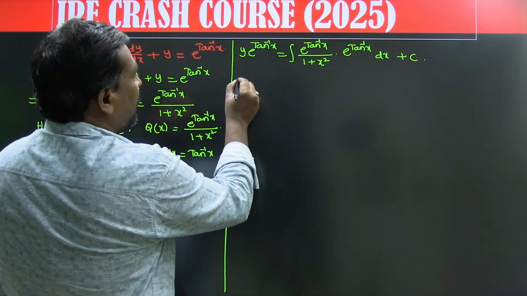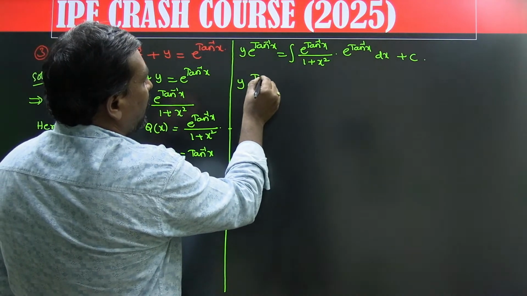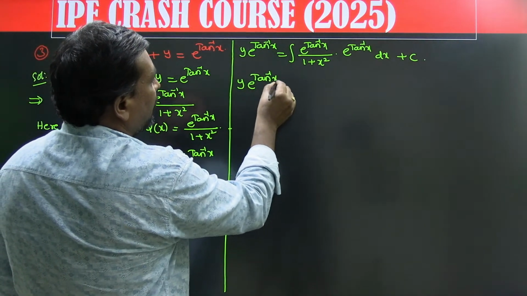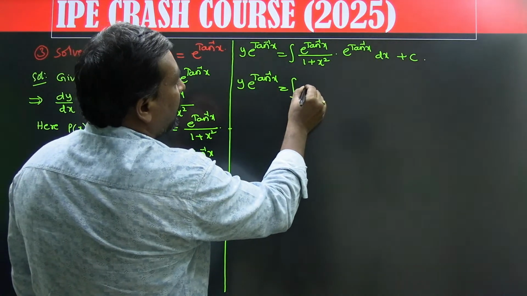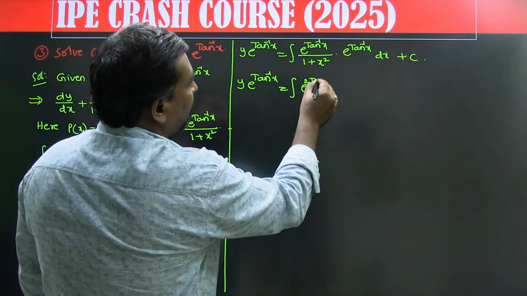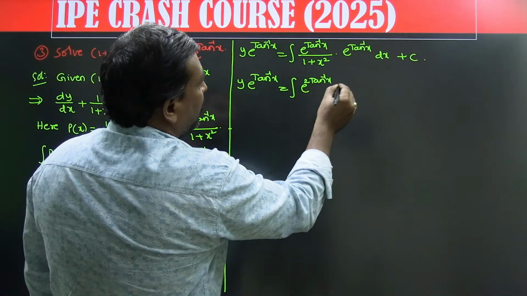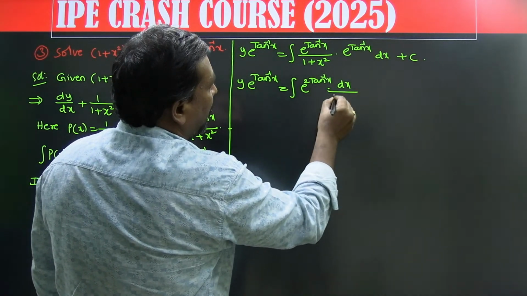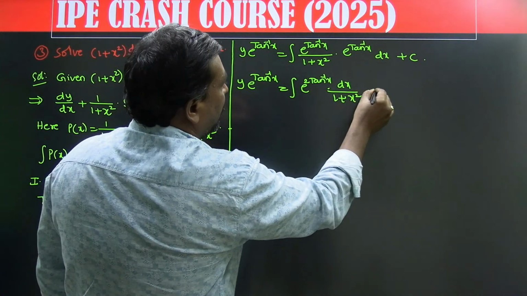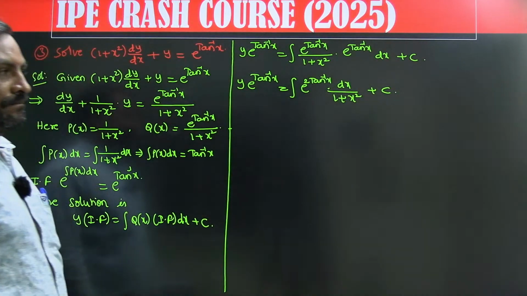So, y into e power tan inverse x is equals to integral e power 2 tan inverse x into dx by 1 plus x square plus constant c.